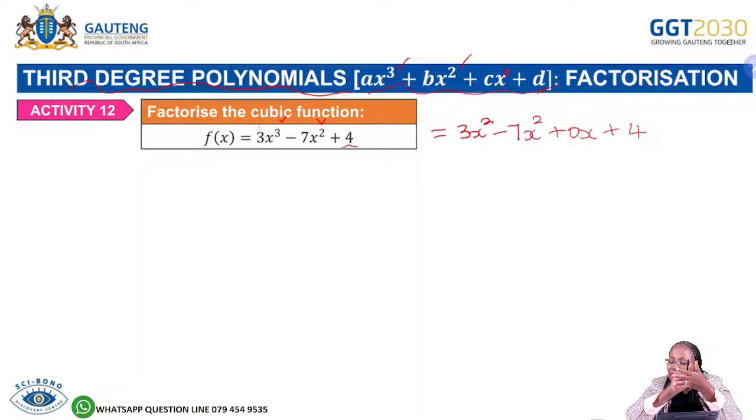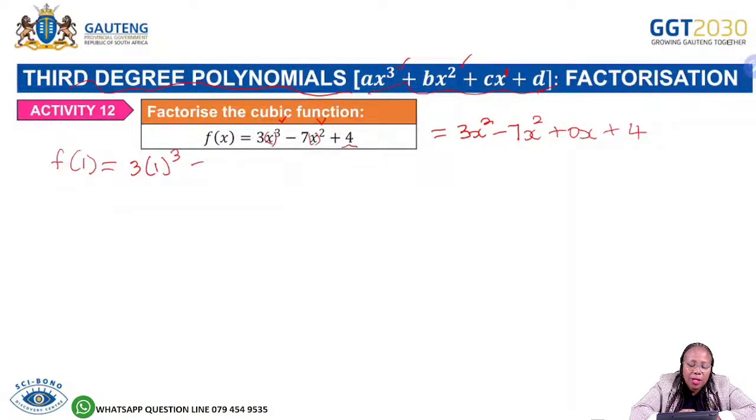If you test that, you can see that if you substitute 1, this will give you 0. If we look at f(1), wherever we have x, we substitute a 1. That will be 3 times 1 cubed minus 7 times 1 squared plus 4. If we substitute that, this will give you 0. If it gives you a 0, what does it mean?